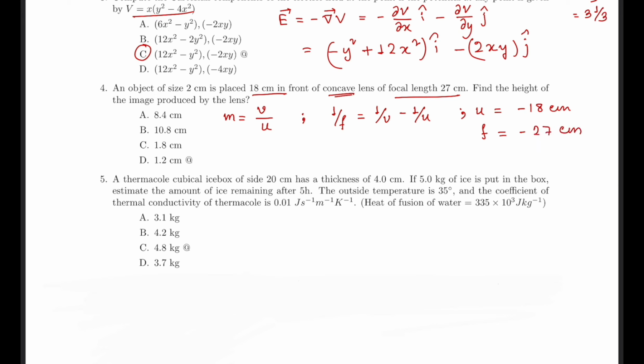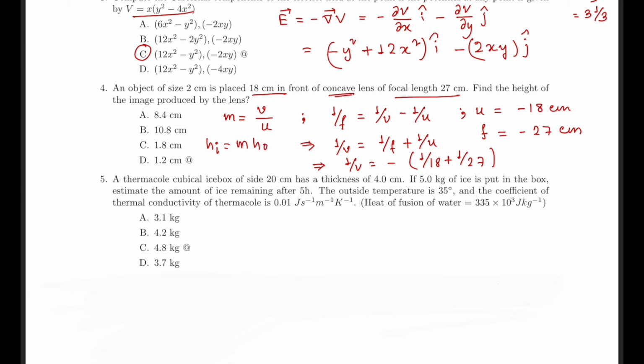So 1 by v is 1 by f plus 1 by u, and 1 by v is minus 1 by 27 plus 1 by 18, and if you calculate the whole thing, then the height of the image is basically m times the height of the object.